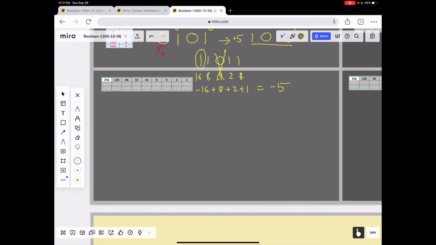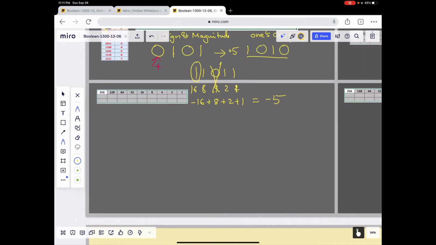So we're going to find out more about how to add and subtract numbers. Okay, first, the process of how to find the twos complement of a binary number. Look at this number: 0001 0101.